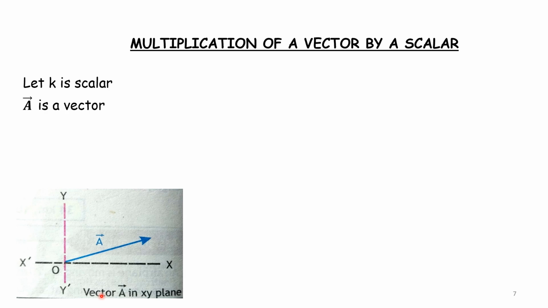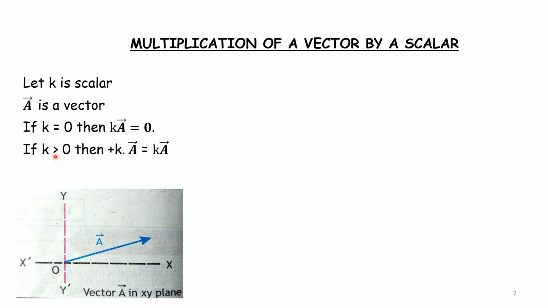Now we want to multiply the scalar with the vector. The magnitude of vector A depends on this scalar, and so does its direction. If k is equal to 0, then when you multiply 0 with this vector, the answer is 0.